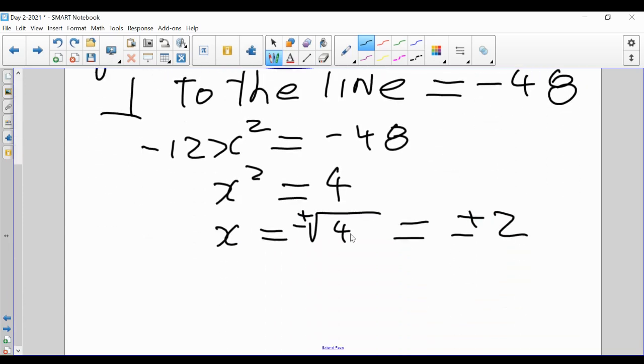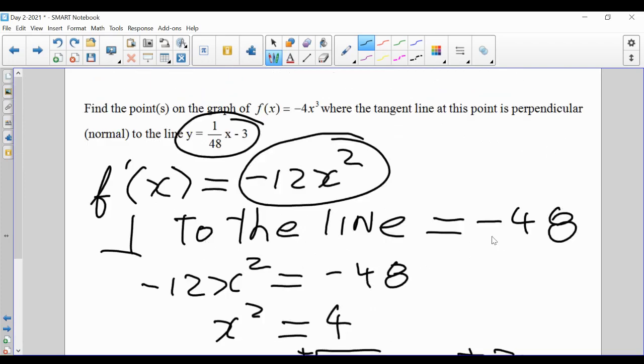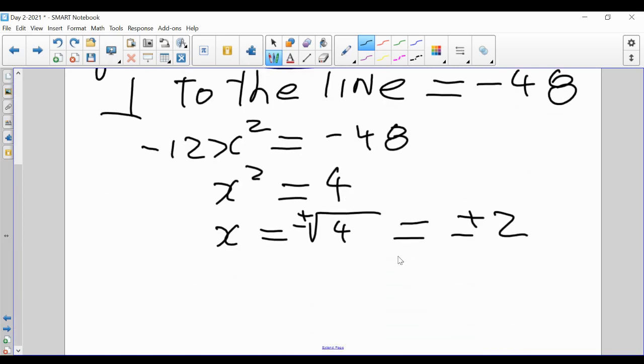And that occurs at 2 spots when x is plus 2 and when x is minus 2. So there are, in fact, 2 points, and that's what the question was kind of suggesting, right? So these are your x values, but really what we need to get are coordinates, right? I need an x and a y coordinate. So these are my x coordinates, plus and minus 2.